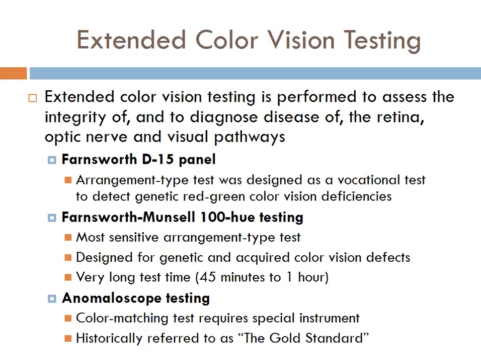The most common and the least expensive of the extended color vision tests is the Farnsworth D15 panel, the test that we do with the caps, where you move them around in arrangement. It's a color arrangement test. It has some value, very little. The test was designed in the 1940s to screen railroad engineers and conductors so they could see the signals on the railroad tracks.